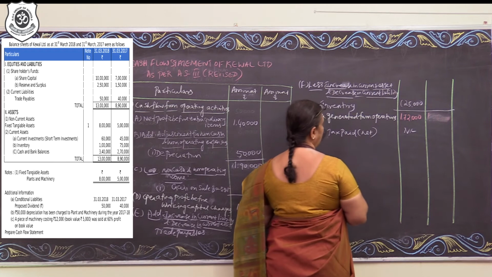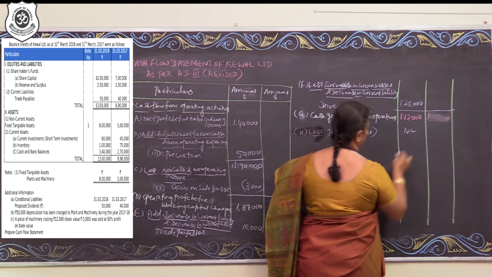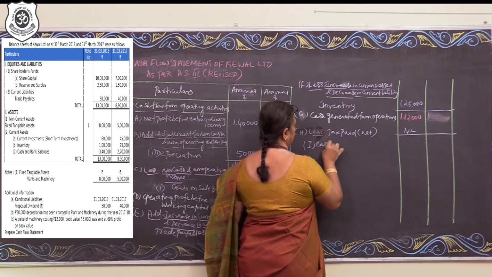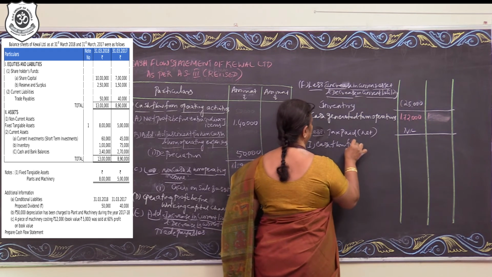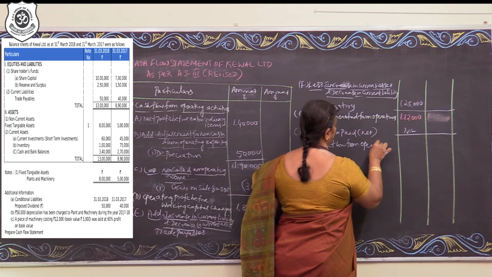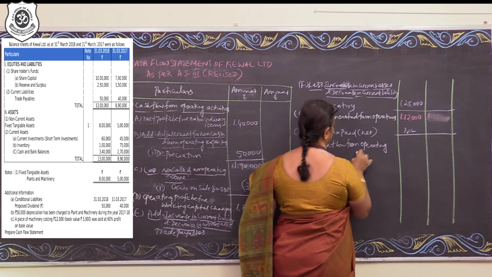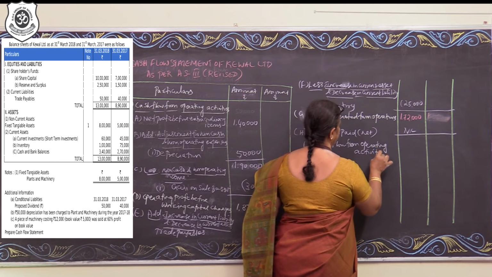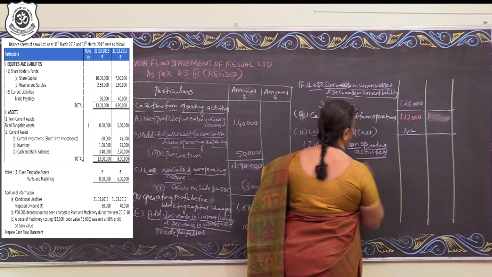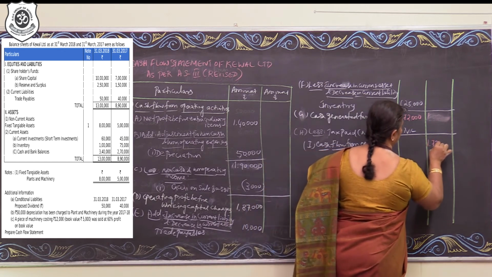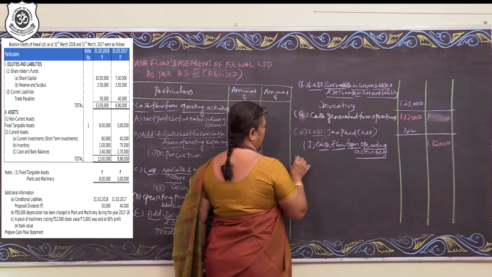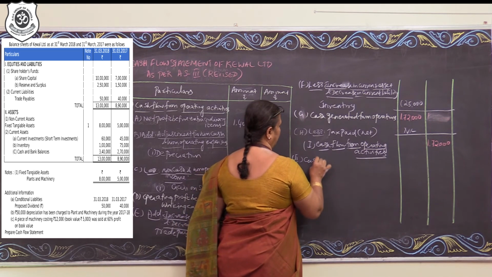Therefore, now we arrive at step number 1, cash flow from operating activities. Our Roman letter 1 we got as 1,72,000.